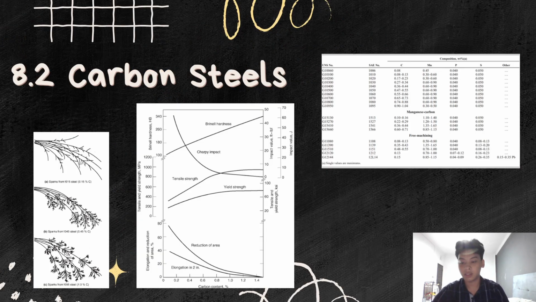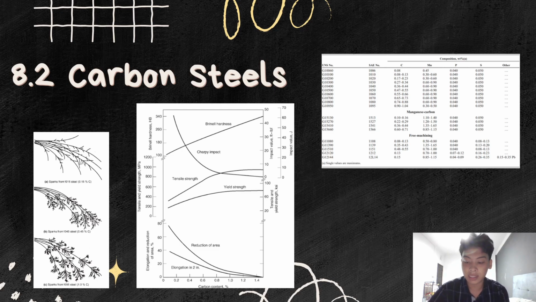Carbon steel. All steels are iron-carbon alloys with carbon content from 0.02% to less than 2%. Thus, the so-called plain carbon steels contain small amounts of manganese and silicon. Carbon steels can be classified further on the basis of carbon content.